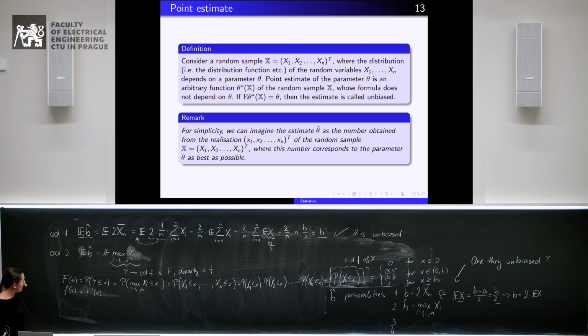Because we know that the distribution function is the integral of the density, the density must be the derivative of the distribution function.